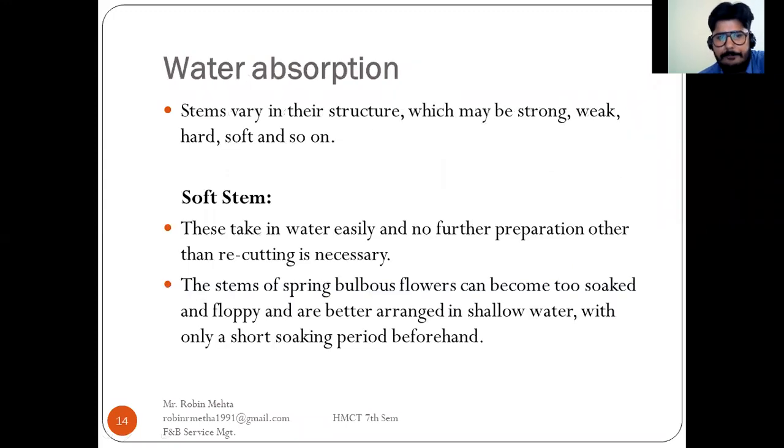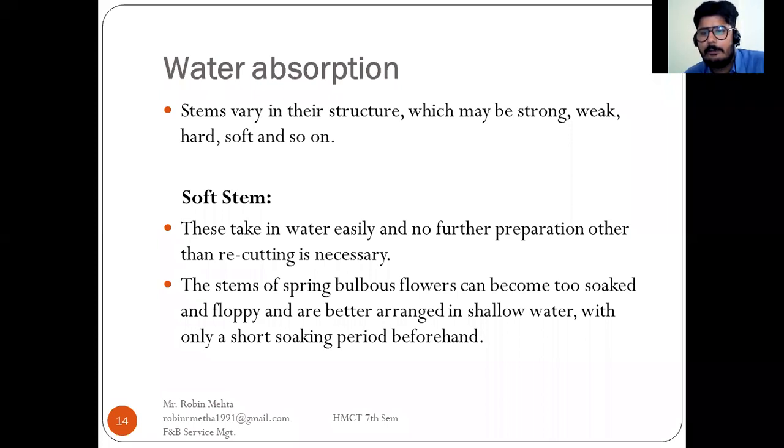Water absorption. Stems vary in their structure, which may be strong, weak, hard, soft, and so on. These are the types of stems. So stems vary from structure to structure and plant to plant. Some plants have very green stems, and some have light green ones, not absorbing so much water.